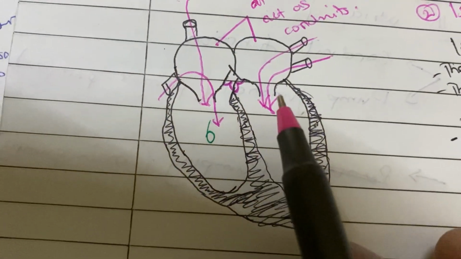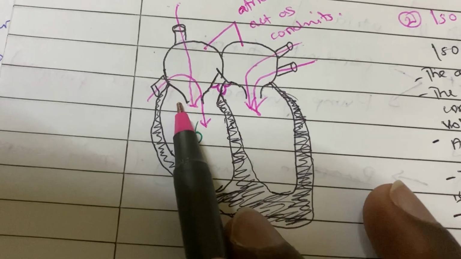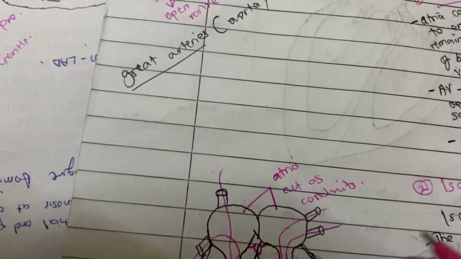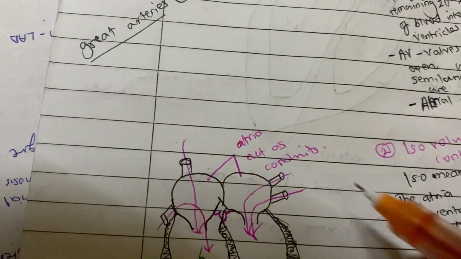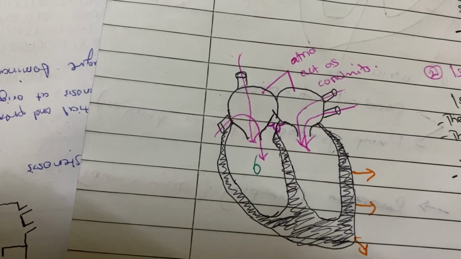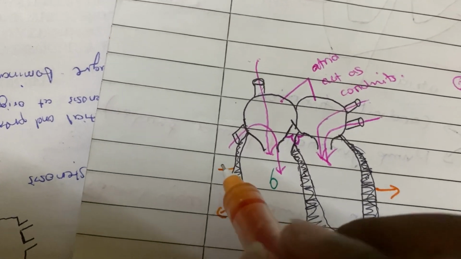Here widely open valves, widely open mitral valve, widely open tricuspid valve, and the blood is just passing. So these ones are relaxing. They are getting bigger.